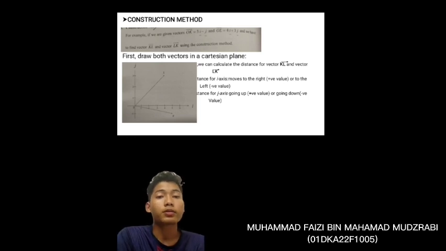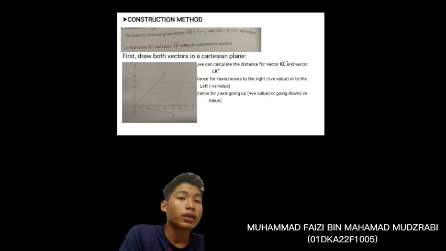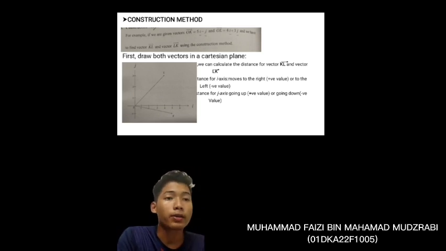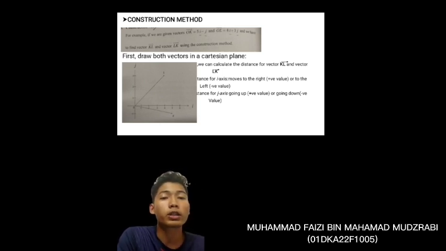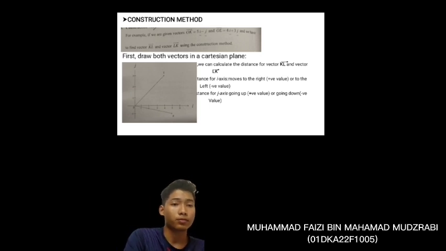Construction method. For example, if you are given vectors OK equals 5i minus j and OL equals 4i plus 3j, and we have to find vector KL and vector LK using the construction method. First, draw both vectors in the Cartesian plane.